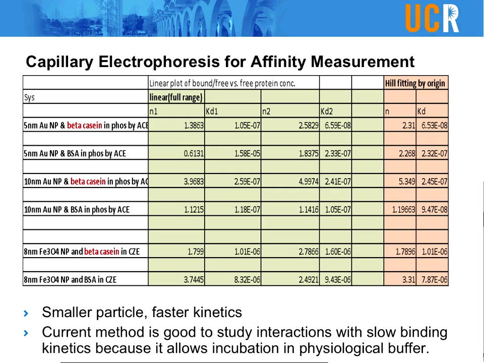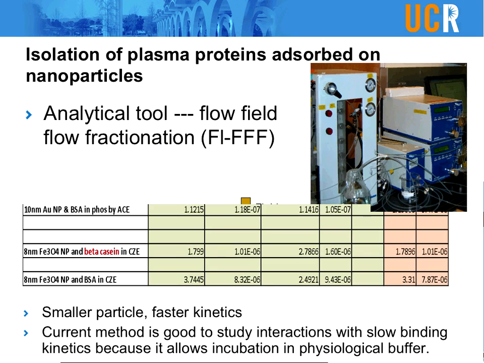The smaller the particle is, the faster its binding kinetics, and also between gold nanoparticles, smaller gold nanoparticles will give stronger affinity to the protein. Even though all these bindings are just non-specific binding, the surface of the nanoparticle is only coated by the modification functional group. The iron oxide nanoparticle is coated by polyacrylic acid, which carries the carboxyl group, and the gold nanoparticle is coated by citrate. So there's no other modification on the surface.